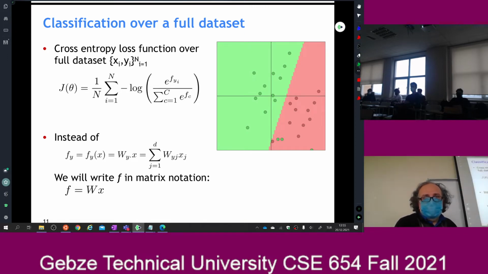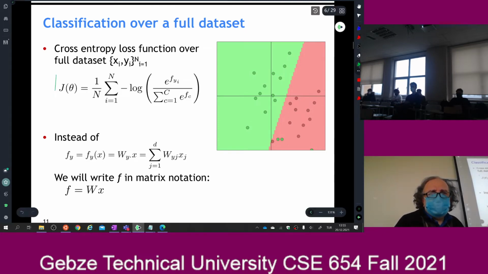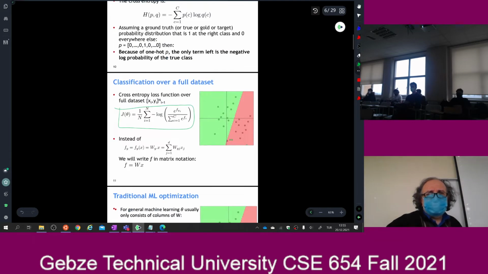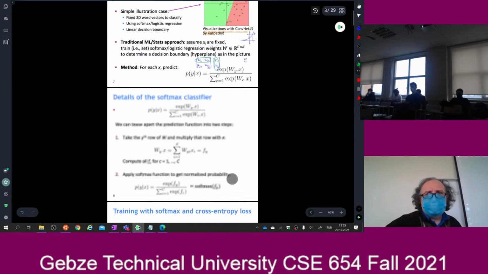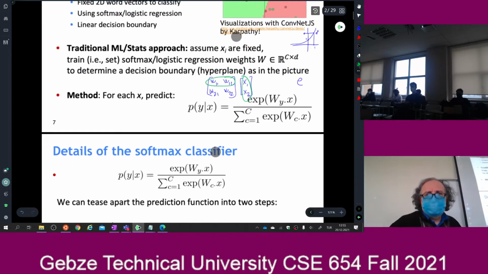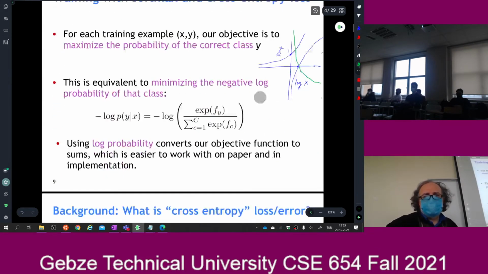Again, now I am talking about a two-dimensional problem, but we are going to make it a lot larger in a few minutes. So what is the difference? Why am I minimizing this loss function, but not this nice softmax function? Can somebody tell me? I am not minimizing the softmax function, but I am minimizing this loss function.